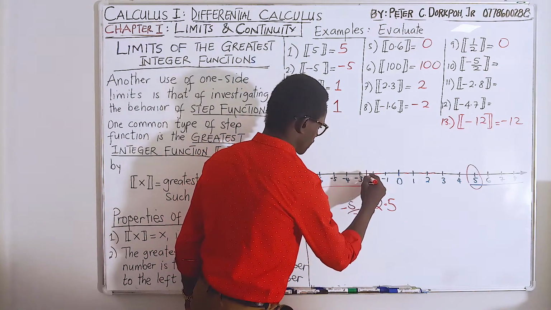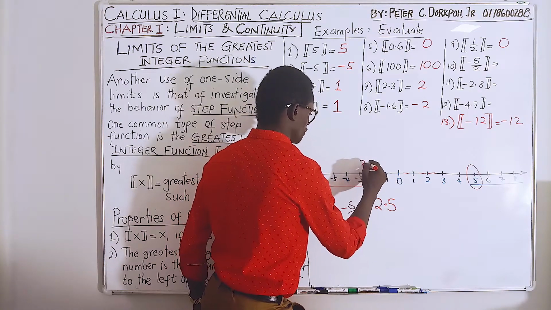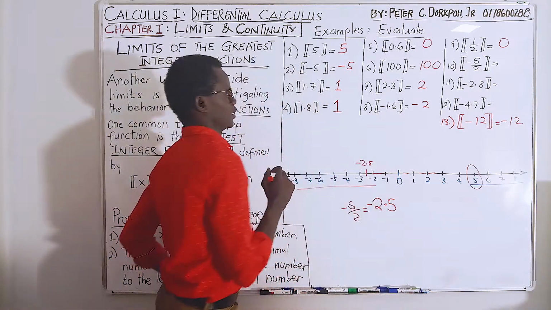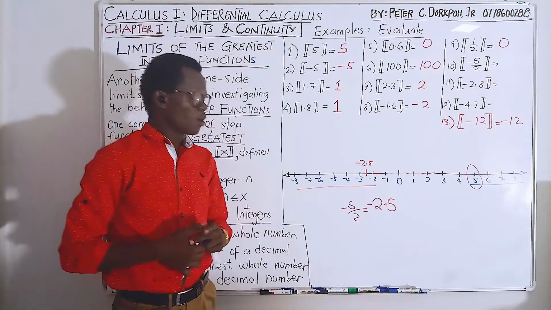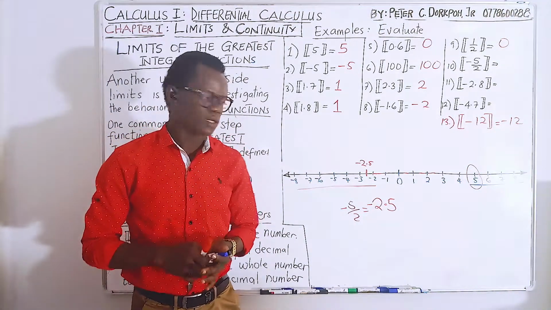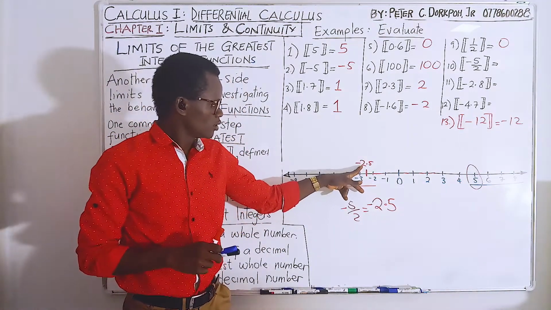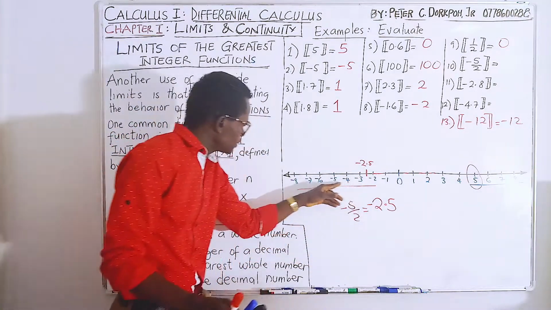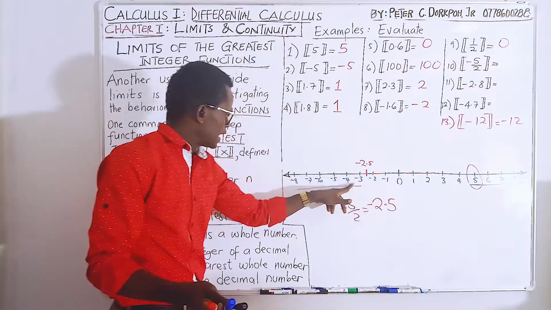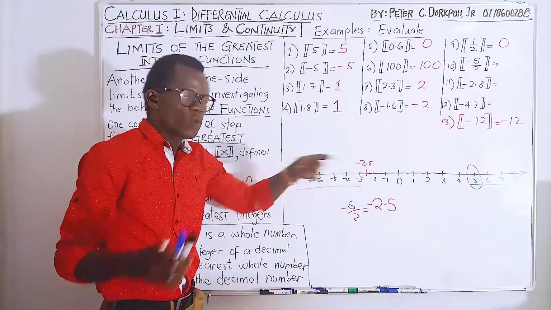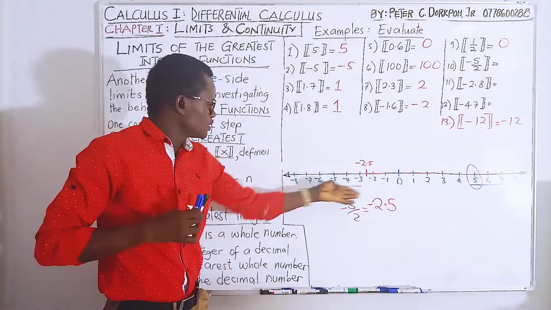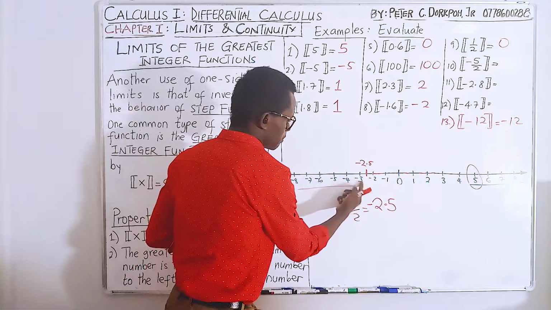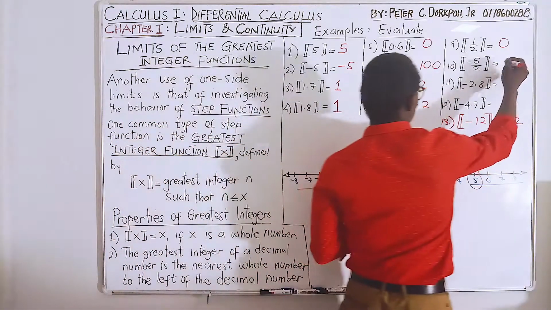So negative 2.5 is right there. So the question now is, what is that integer that is less than negative 2.5 and is considered the greatest? All of these integers are less than negative 2.5, but which one of them is the greatest of all of these integers? The greatest is minus 3. So this is minus 3.